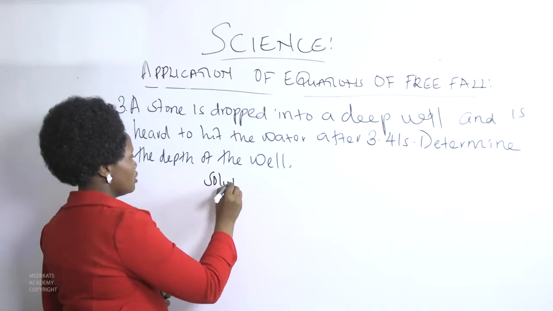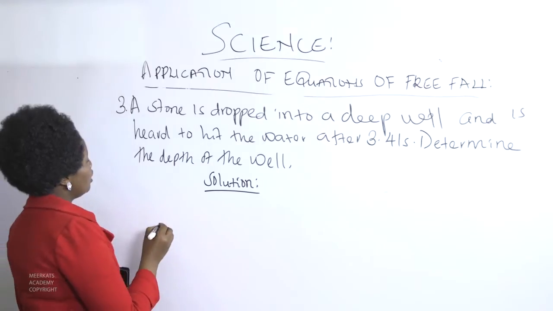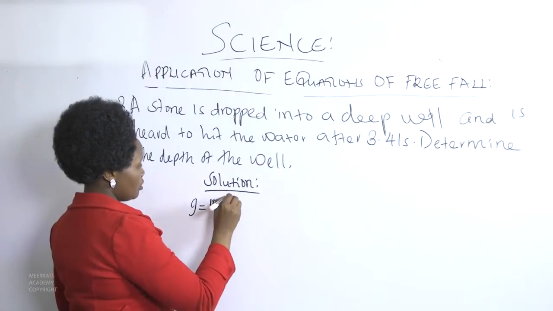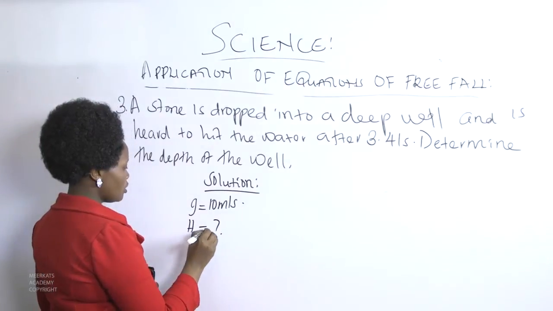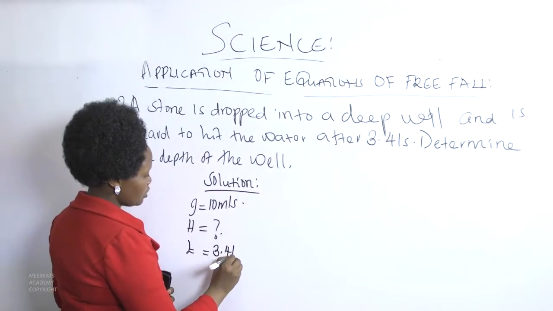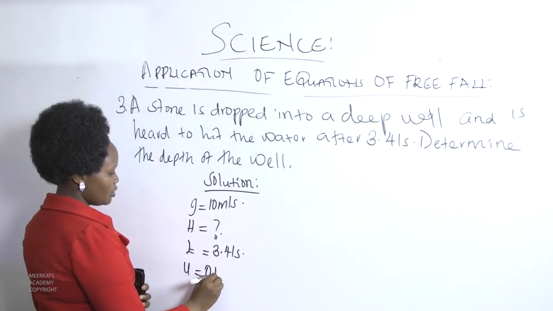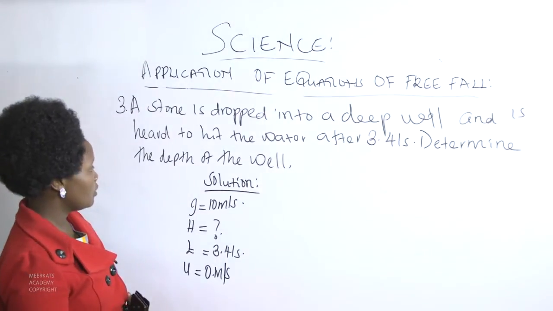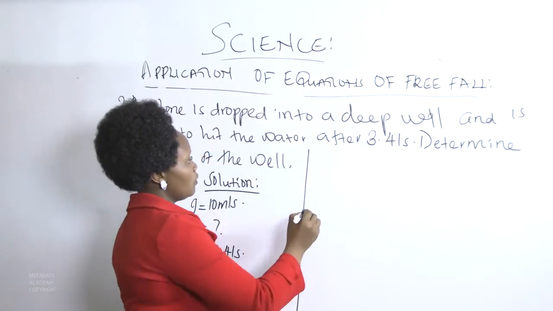Again, let us look at what the question provides. We have g as 10 meters per second squared. Height is what we are looking for. Time is 3.41 seconds. Initial velocity is 0 meters per second. Now, consider our equations once more.